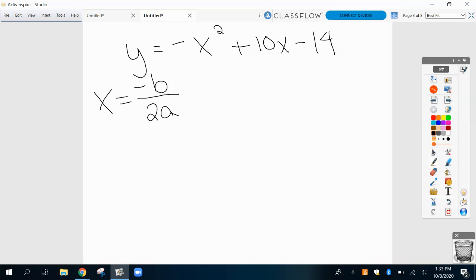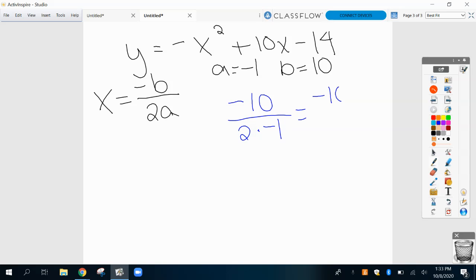So that means we need a and b at least. So in this problem, a equals negative 1 and b equals 10. Okay, so negative b is going to be negative 10 over 2 times a, which is negative 1. So negative 10 over negative 2 gives us a positive 5. Remember, that is our x value of our vertex.